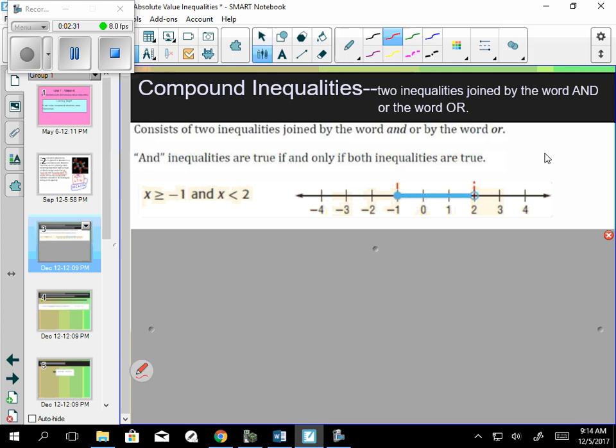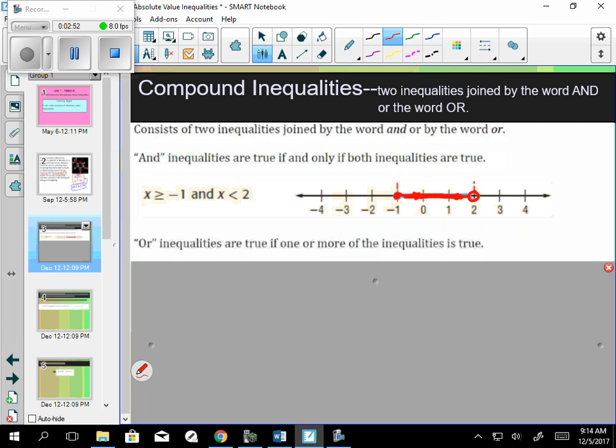That would mean if we graph these, you got -1, it'd be a closed dot because it's equal to, greater than would be going this way, less than 2, that's an open circle here going this way. The only points that are going to make both of these true are points shaded in between. So this compound inequality would end up being shaded in between both of them.